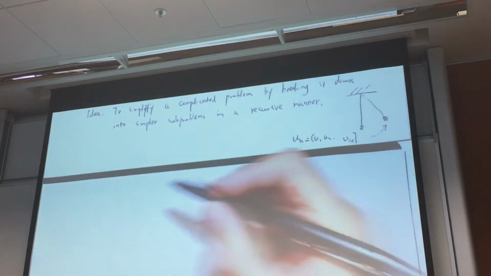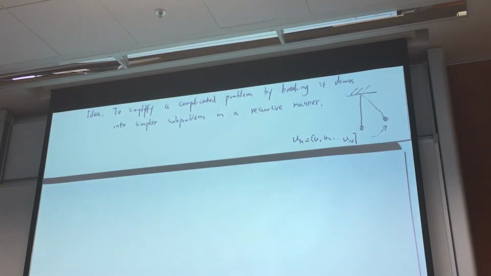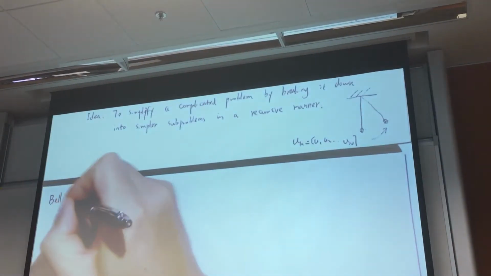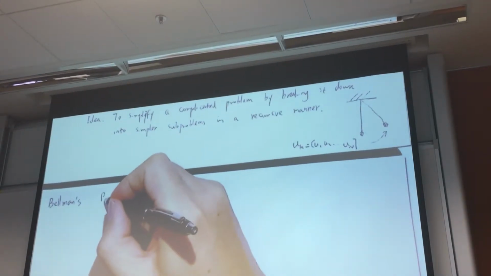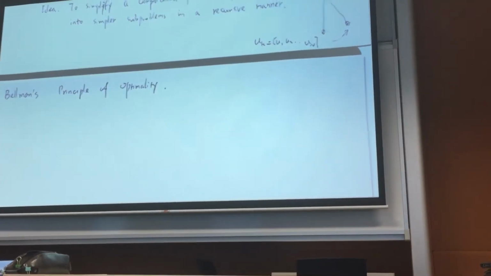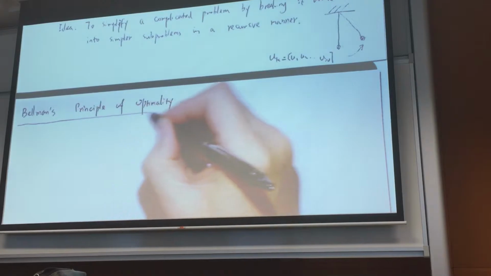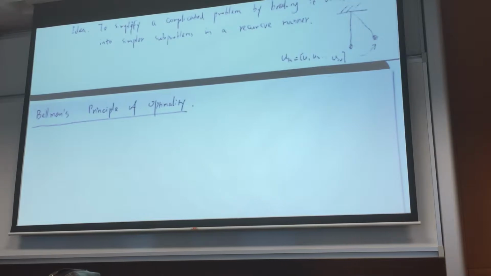The idea behind the dynamic programming is the so-called principle of optimality. It's known as Bellman's principle of optimality. This principle is not difficult to understand, but it's very useful to understand the fundamentals of the dynamic programming method.